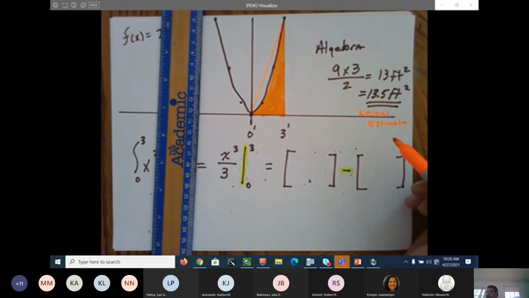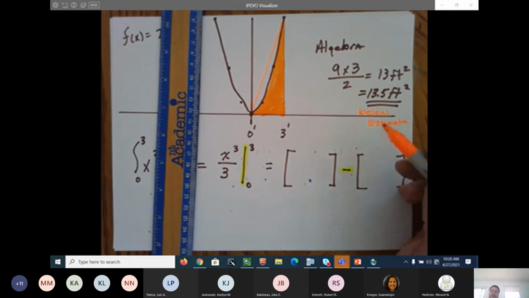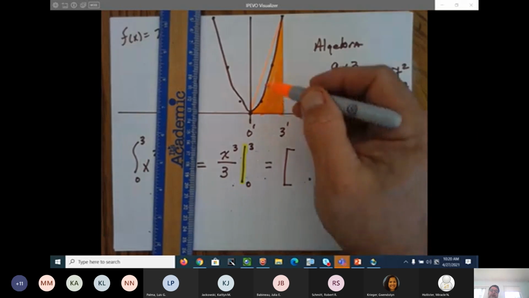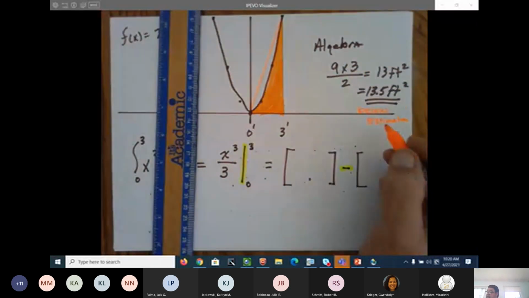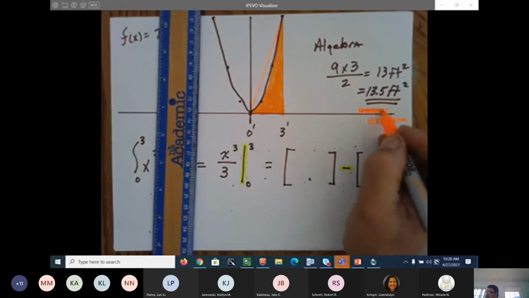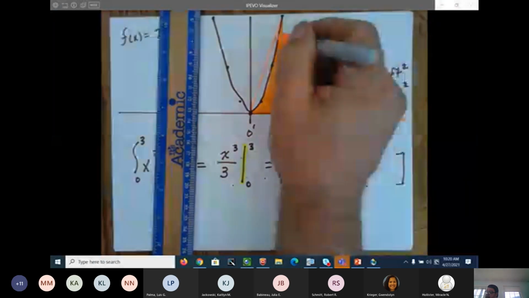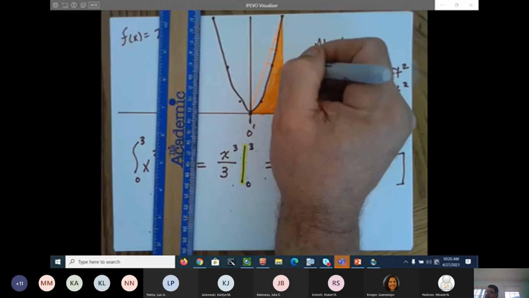If I was going to say anything, I'd say you want to say at least 14 square feet or 15 square feet, because this one is low because, no, wait a minute, no, I'm sorry. The area we got is above. The area we got is this area.